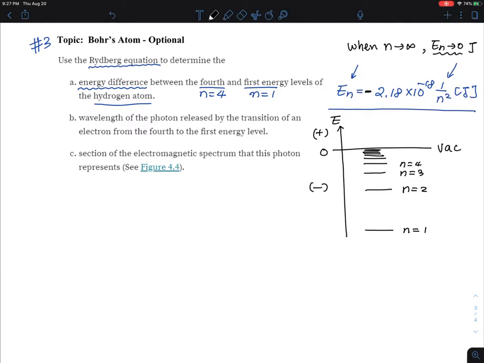So when you have an electron here and an electron here, what's the energy difference?